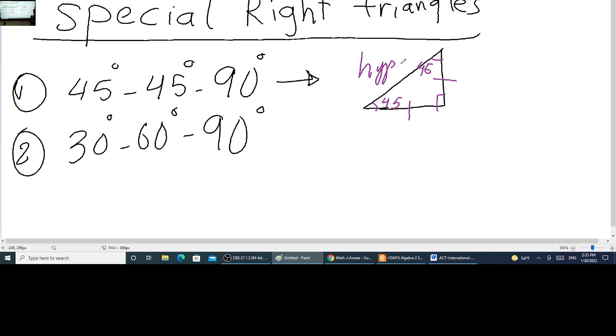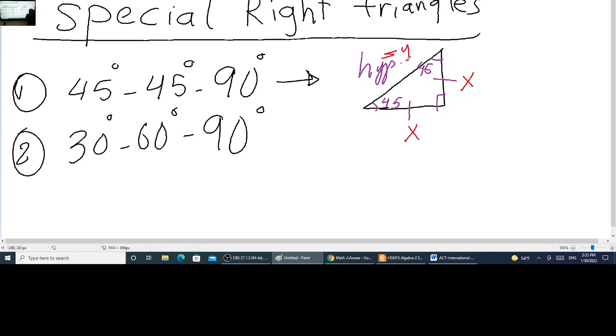So the length of each side here is proportional. Since this side equals this side, assume this side is x and this side is also x because they are equal, and the hypotenuse, name it y.